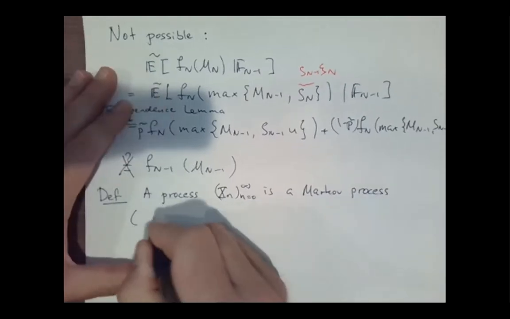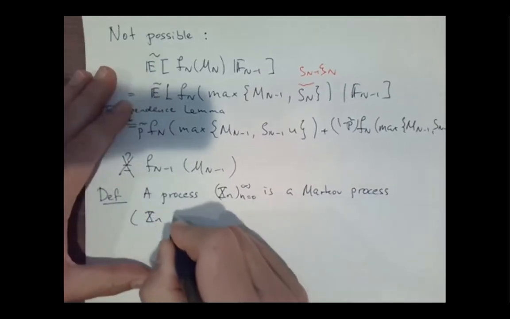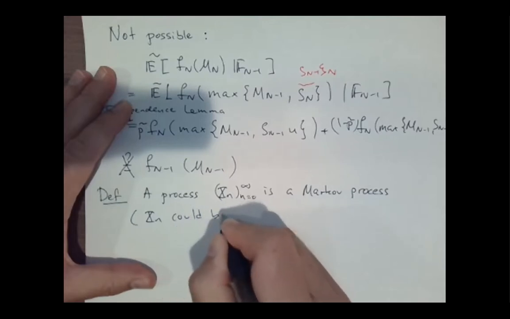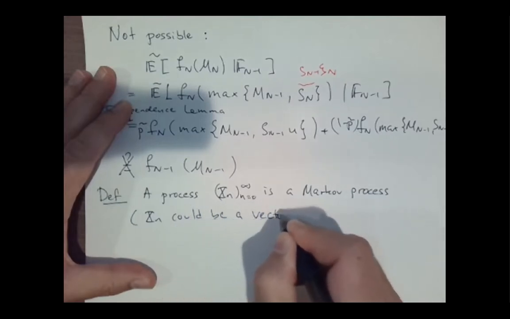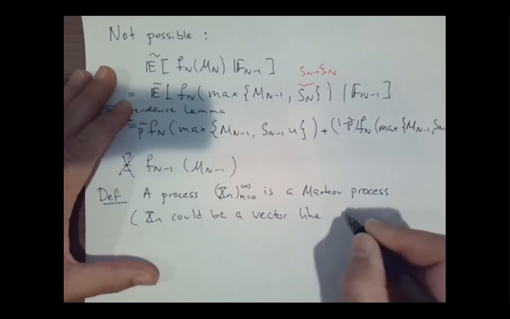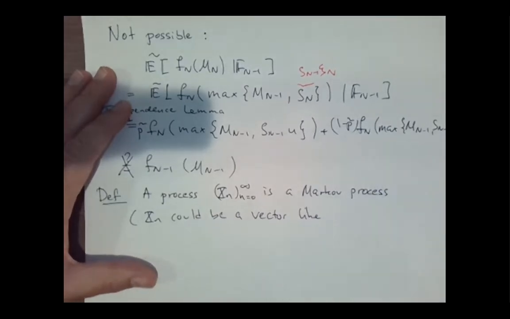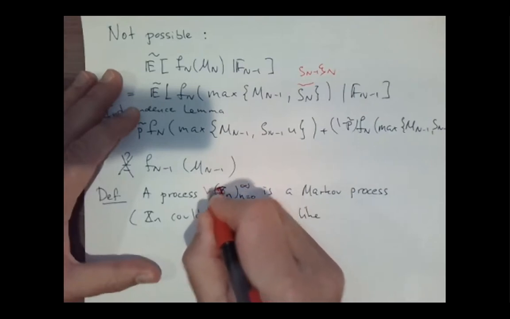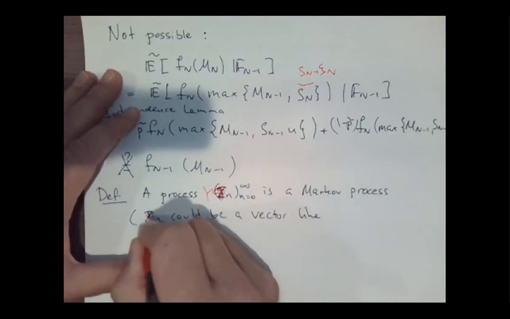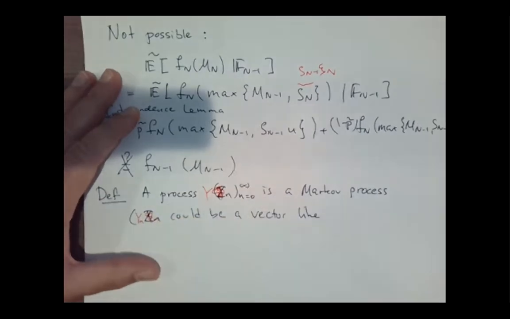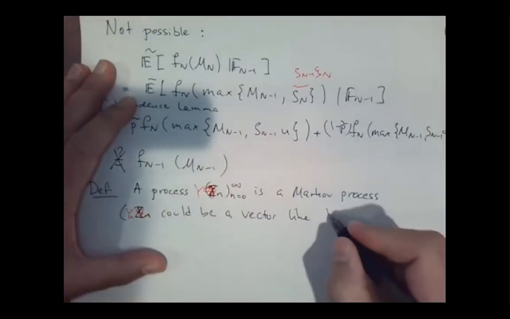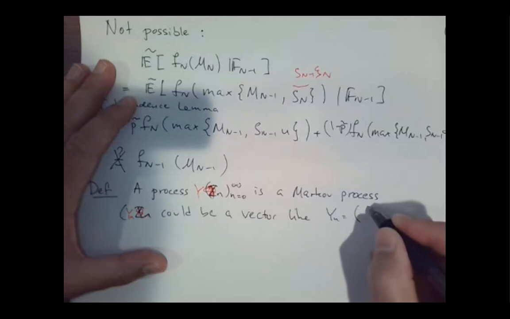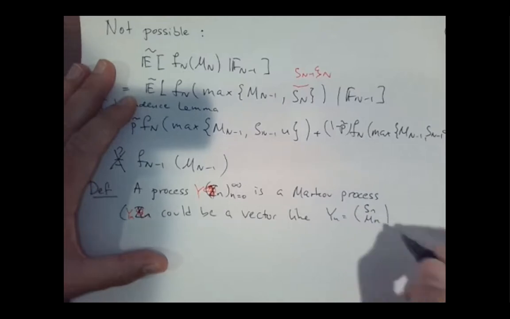X here could be Xn, could be a vector, like what we just had. So I shouldn't call it X, maybe I should call it Y instead. Could be a vector like Yn would be Sn and then this Mn.